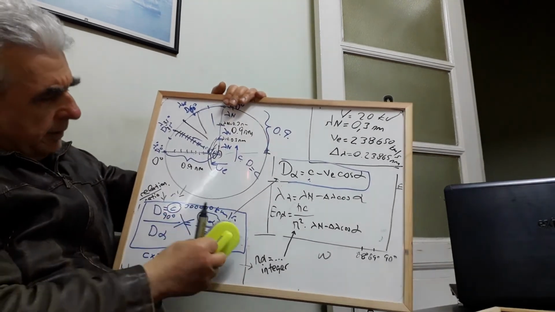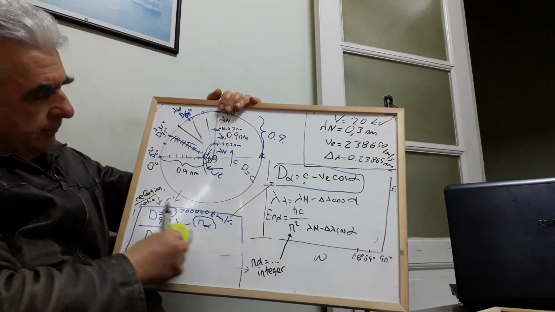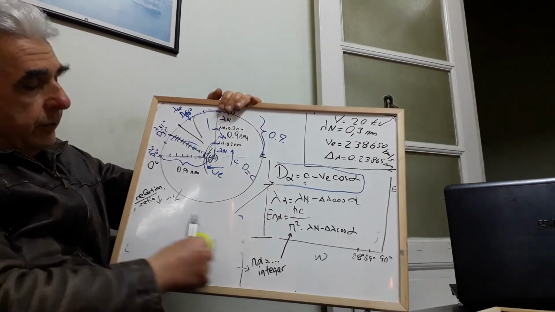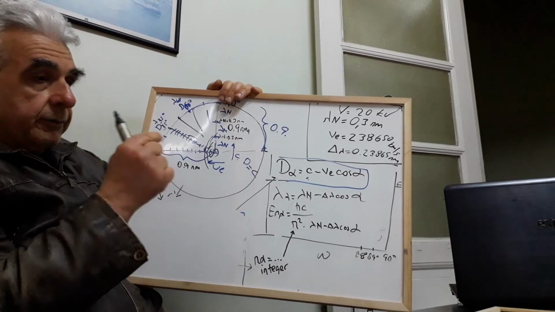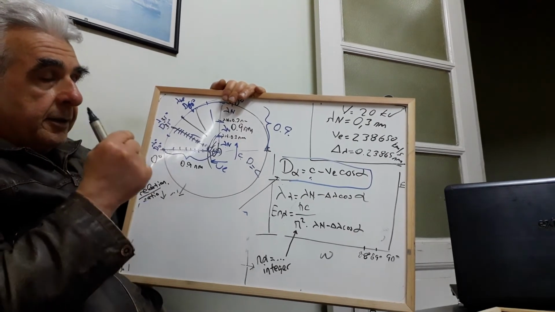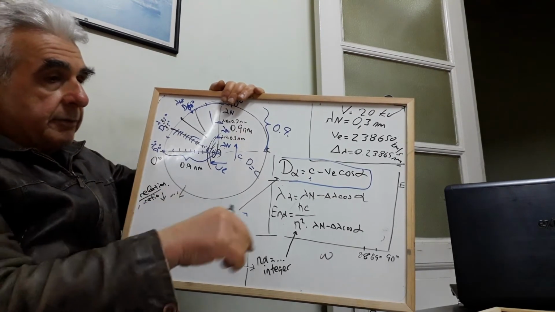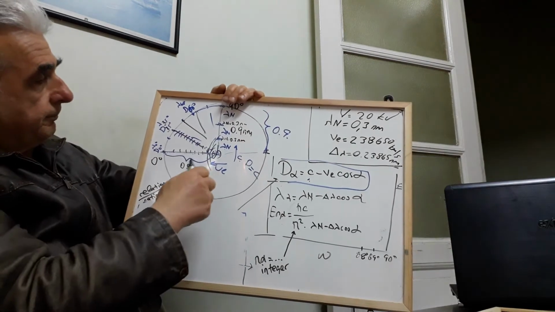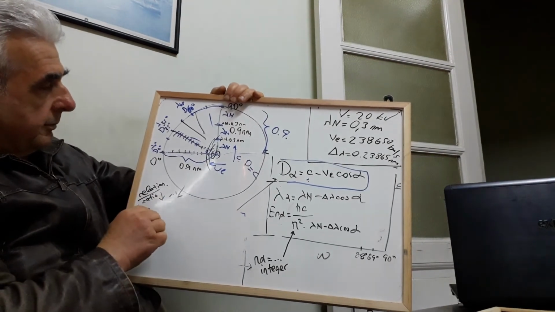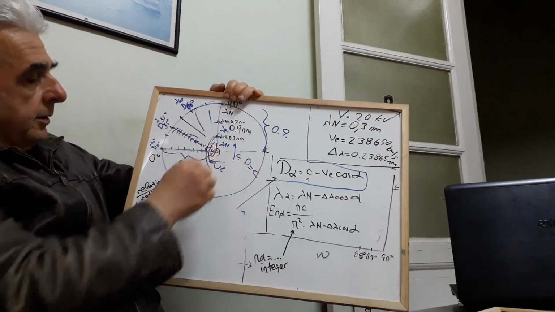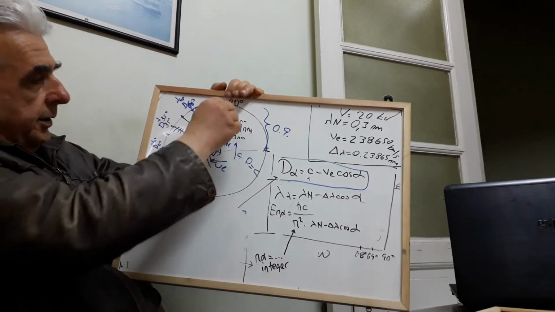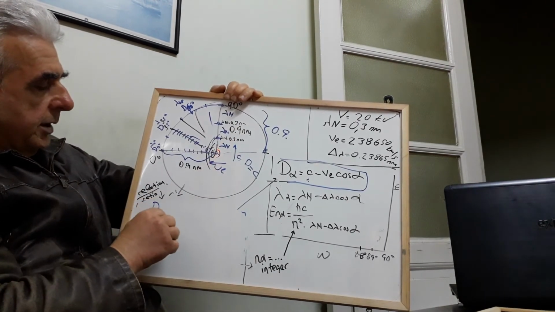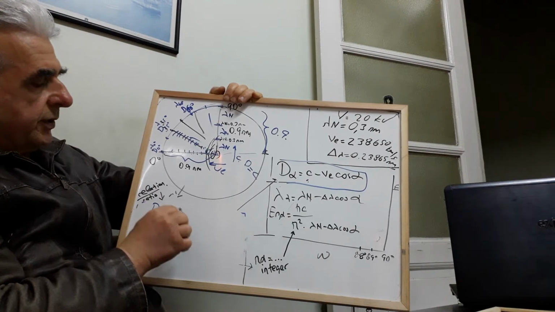Again, our first purpose is finding the number of waves, so important. Here, d 90 degree equals c.